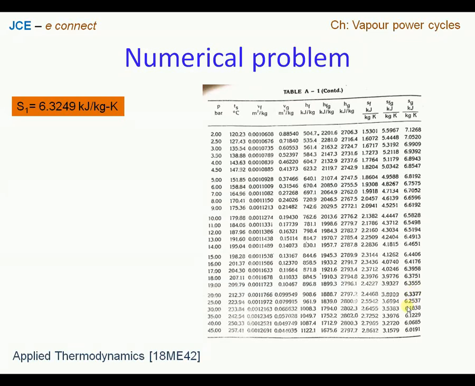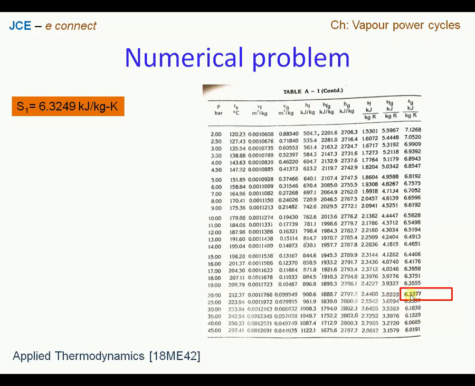Looking at these two points, the entropy value closer to S1 is 6.3377. Remember that S1 is equal to S2 here. Therefore we see that the state point 2 entropy is coinciding with this data value.